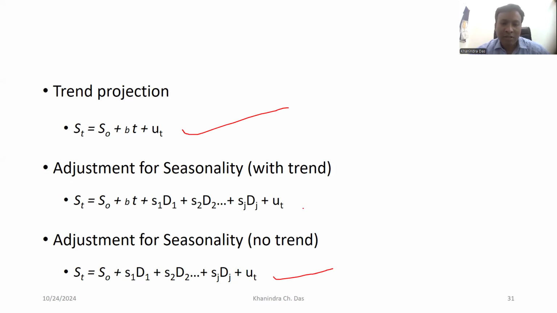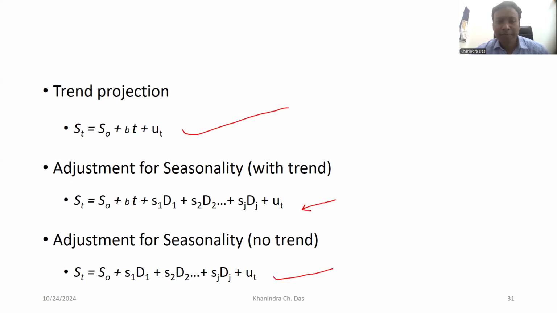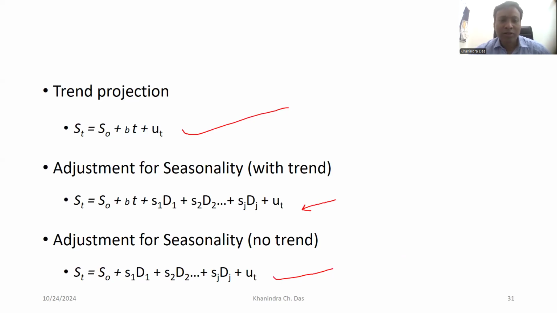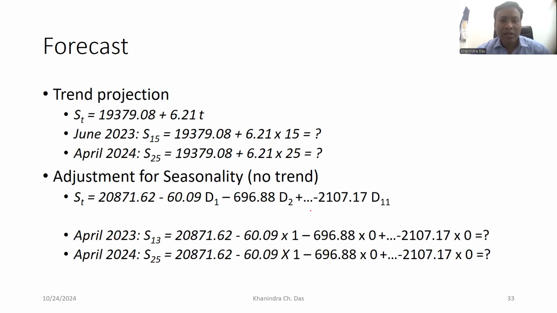If there were trend in the series, maybe we would have been using this second one as well, but in this case, we are not using it because the series doesn't have a trend as such. So to forecast the series, we need to estimate these linear models. And once it is estimated, we will be able to do the forecast.